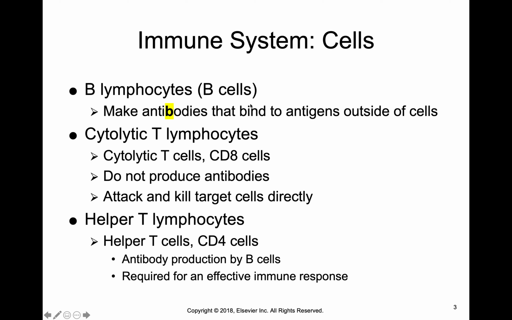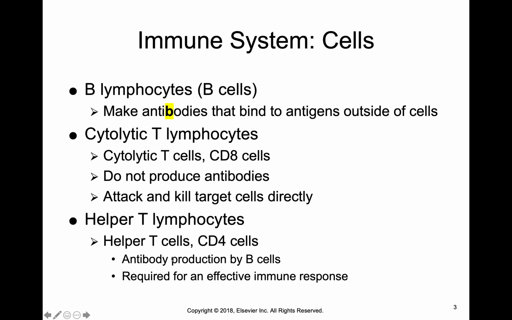So the immune cells, the B cells, the easiest way to remember this is they make antibodies that bind to antigens outside of a cell structure. Then we also have cytolytic T lymphocytes, or CD8 cells. They don't produce antibodies, but they do attack and kill target cells directly. And then the CD4 cells are the helper T lymphocytes.